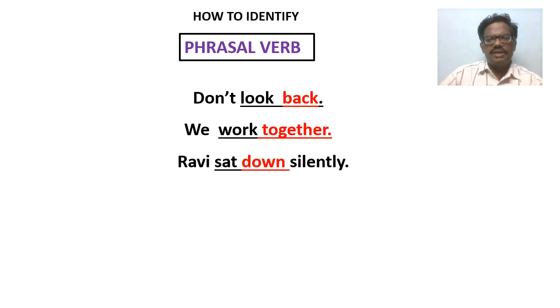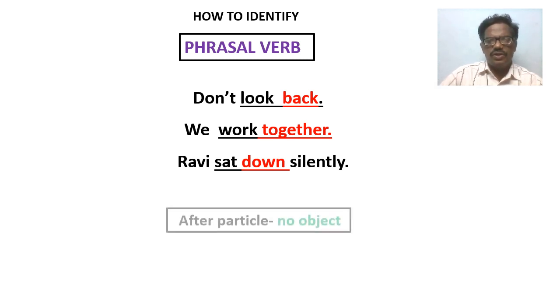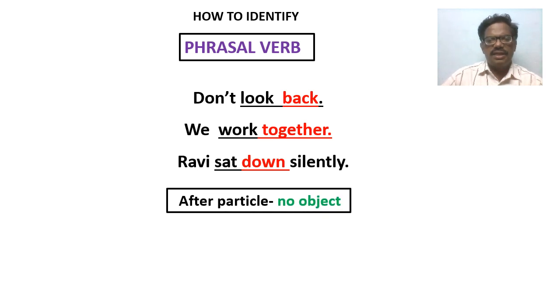So these multi-word verbs are called phrasal verbs. So whenever we don't find the objects after the multi-word verbs, then the multi-word verbs concerned are called phrasal verbs. So the clue is that whenever we find no object after a multi-word verb, then the multi-word verb concerned is called a phrasal verb.